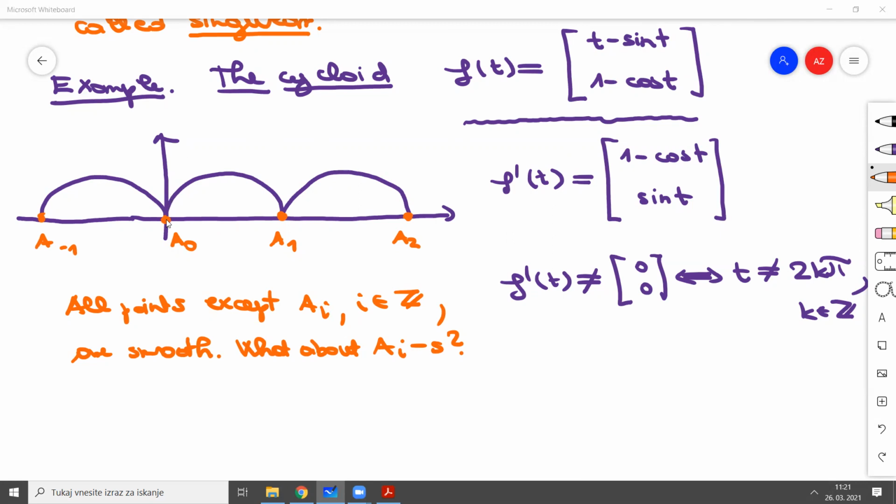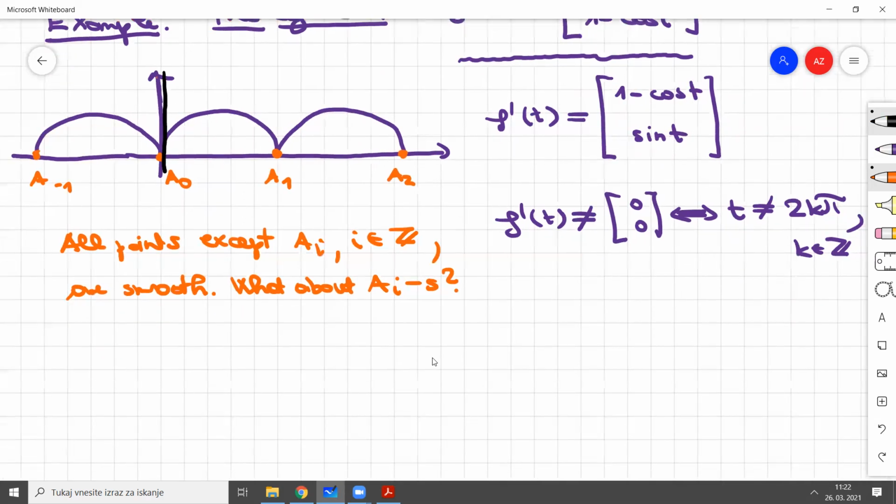Yeah, in fact, here we can see from the picture that the tangent really won't exist. But it could happen that the tangent would be vertical here.